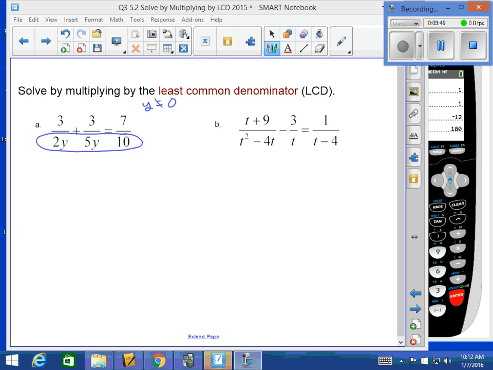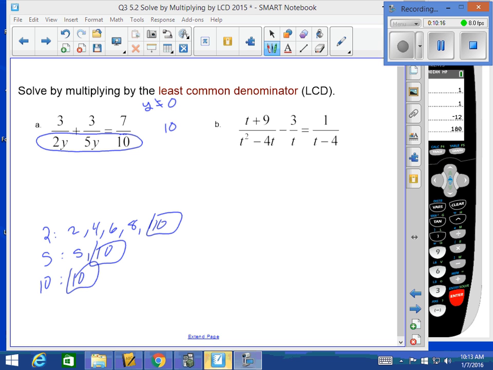If I were to list out multiples of 2: 2, 4, 6, 8, 10; multiples of 5: 5, 10; and then 10 would be 10 times 1. So you can see 10 is the smallest one that all of them can go into. Okay, so I'm going to have a 10, and then I'm going to look at my variables.